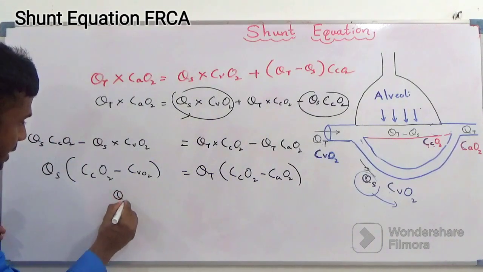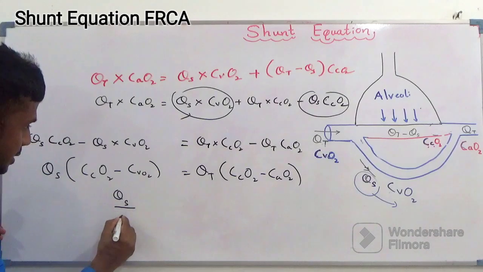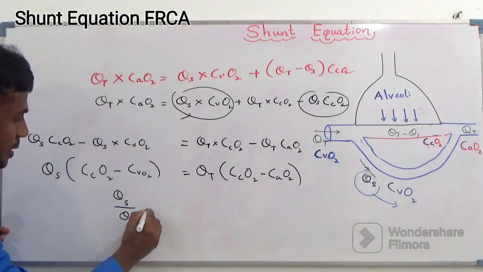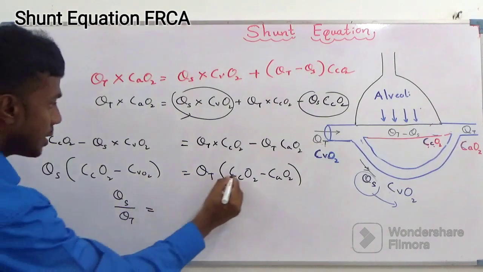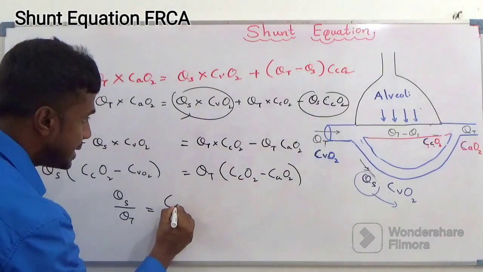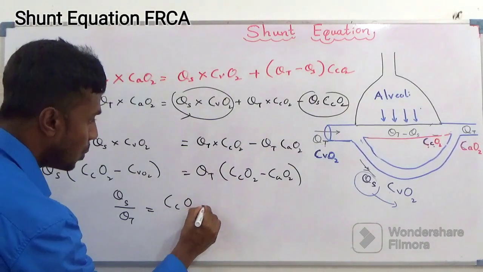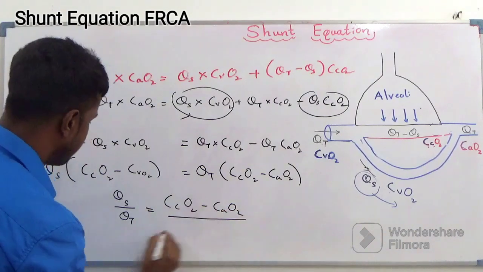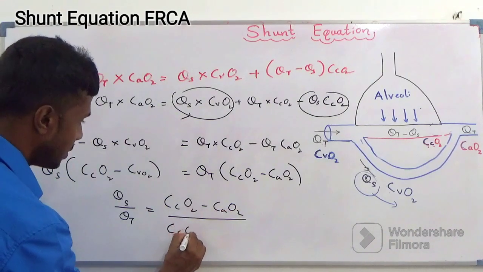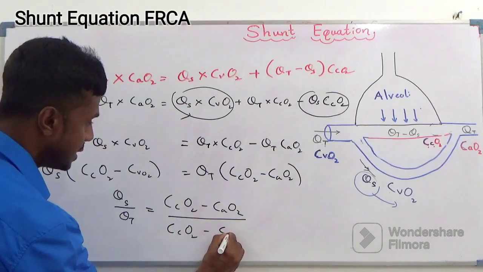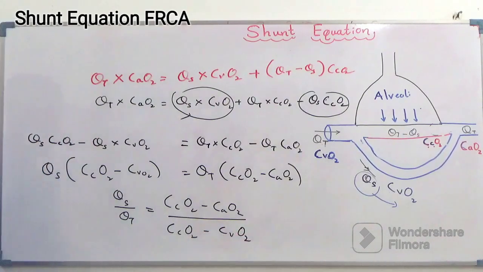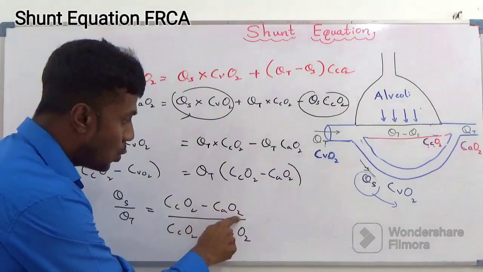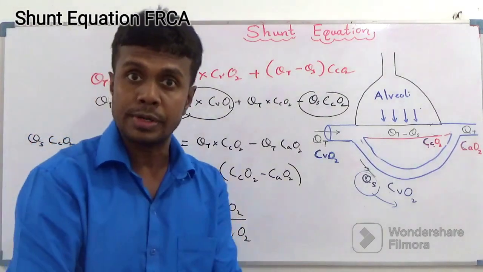So QS over QT equals CCO2 minus CaO2 divided by CCO2 minus CvO2. Here CaO2 means the arterial oxygen amount.